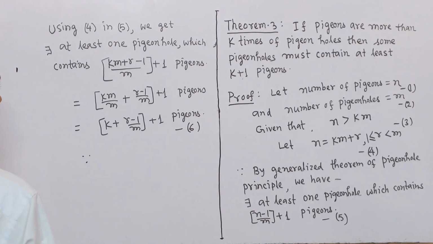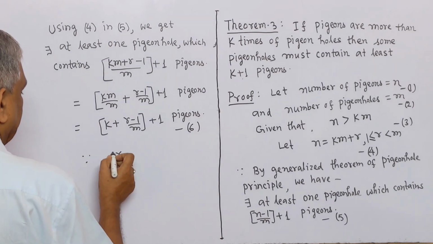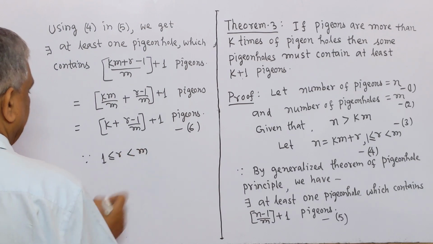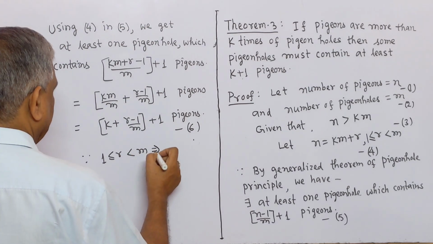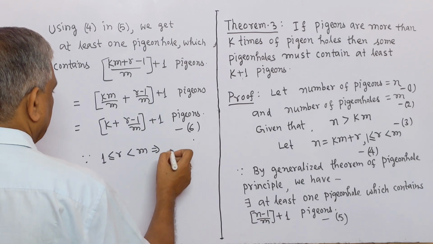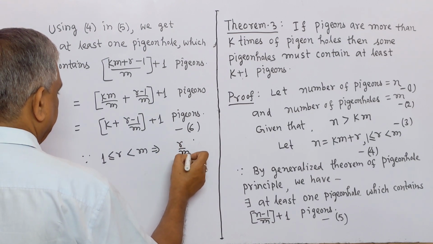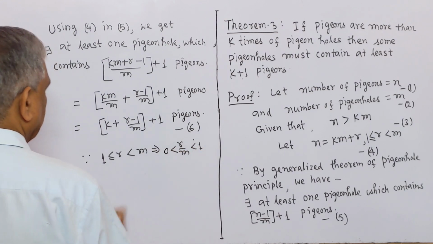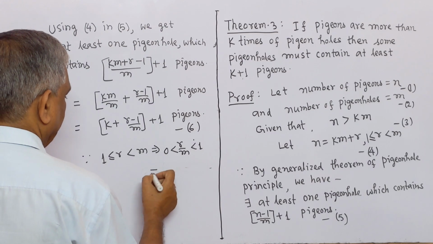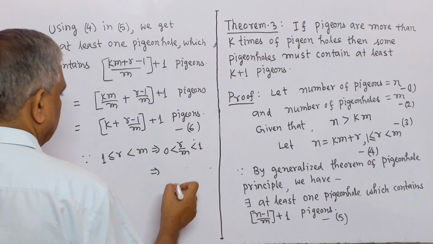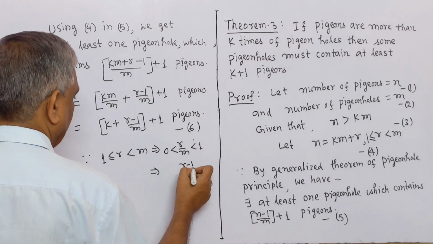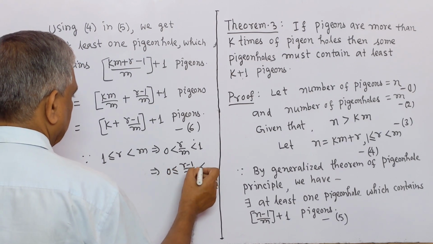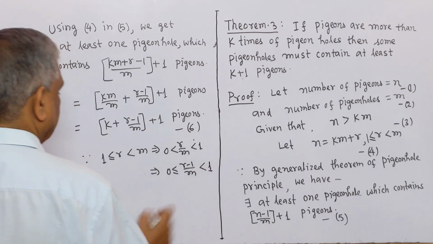Since r is greater than or equal to 1, less than m, implies that r by m less than 1 and greater than 0, implies that (r minus 1) by m greater than or equal to 0, less than 1.